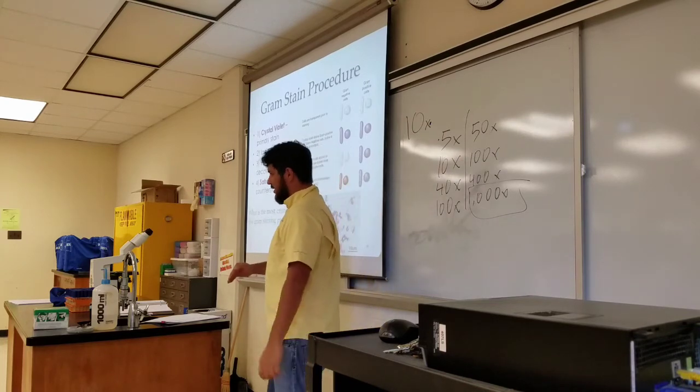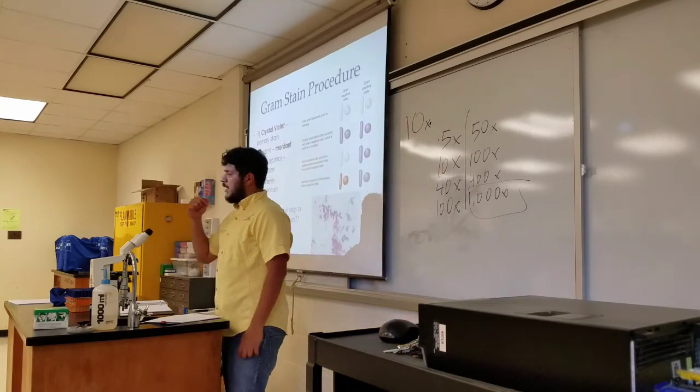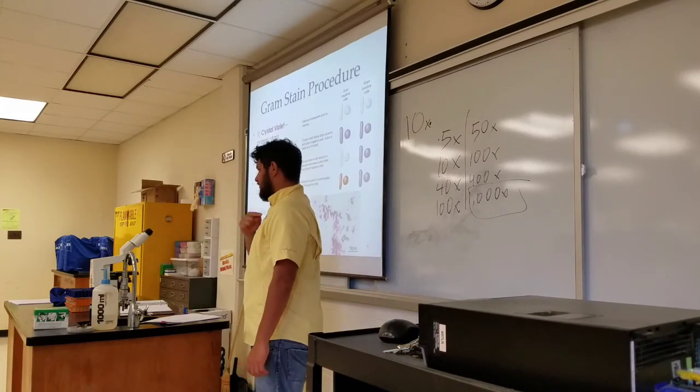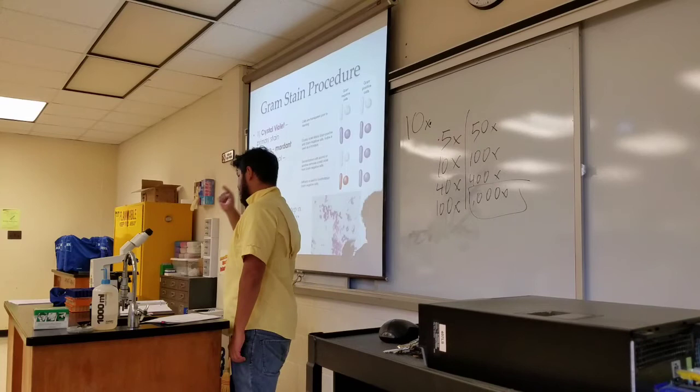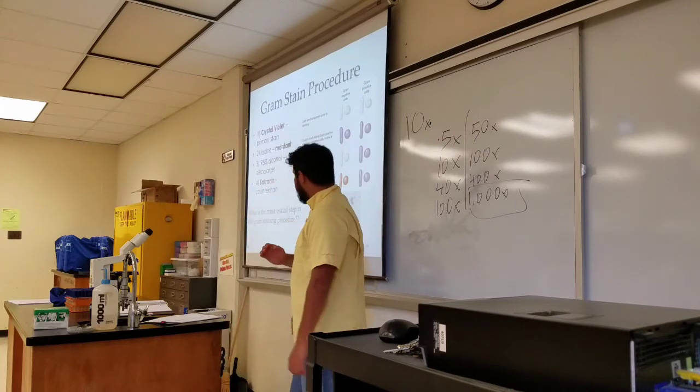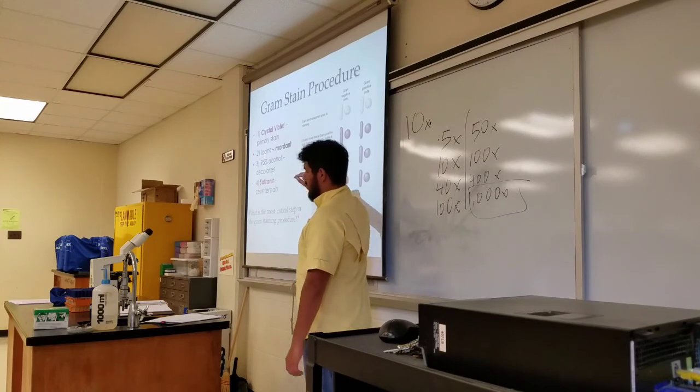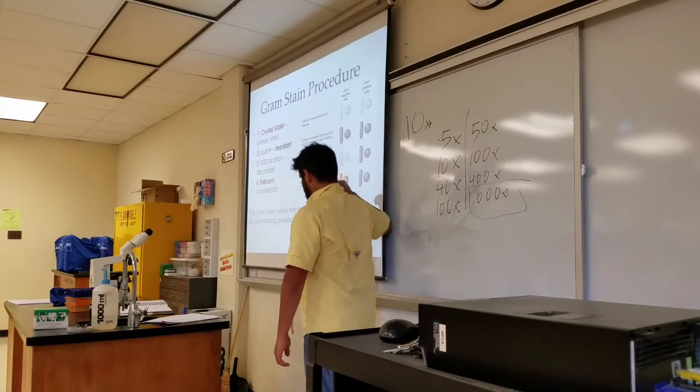If we under decolorize, it means that we are not going to get rid of much of that crystal violet or that fatty layer of the gram-negative bacteria. And when we stain with safranin, that bacteria won't stain, making gram-negative bacteria appear to be gram-positive.